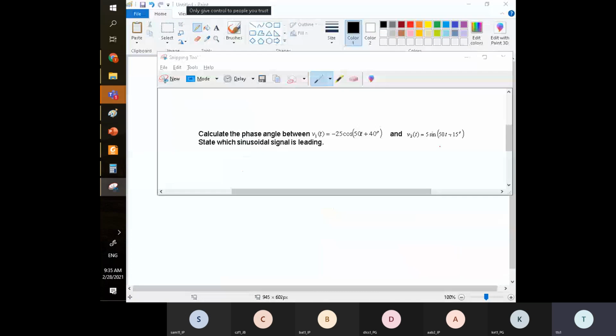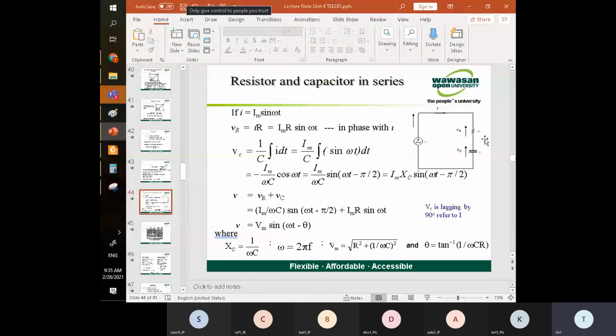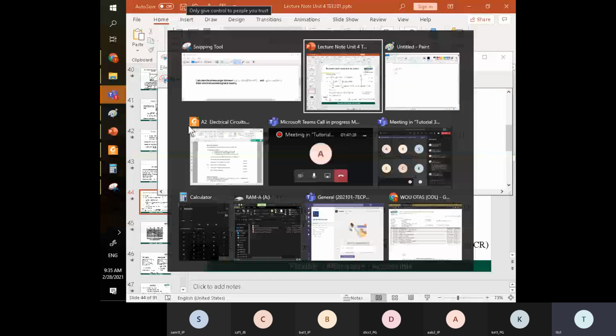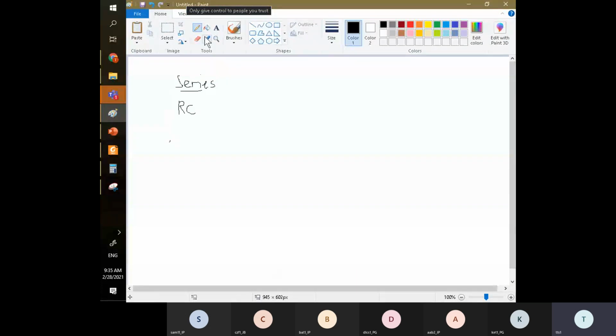The resultant phasor is like this. Negative. This R value is the real part, and this is the imaginary, right? Here is a negative degree, because this is pointing downwards. This is for R and C.